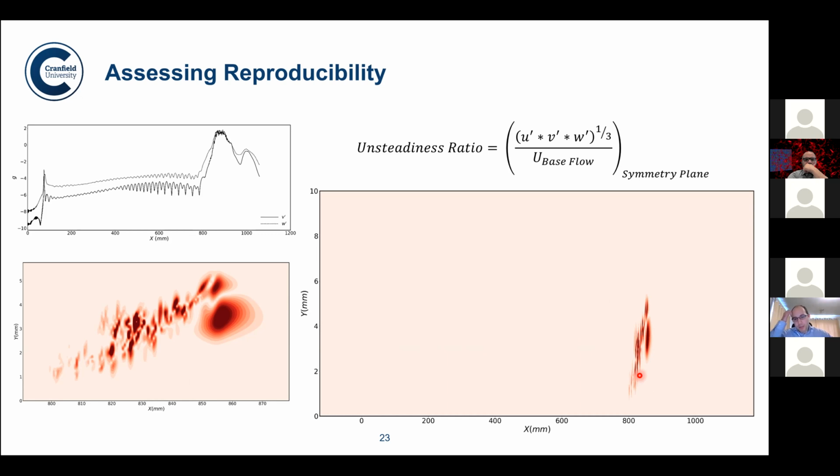So the combination of the symmetry breakdown and this unsteadiness ratio, or there are other ideas such as the length scales available and their expected lifetime as they travel downstream.